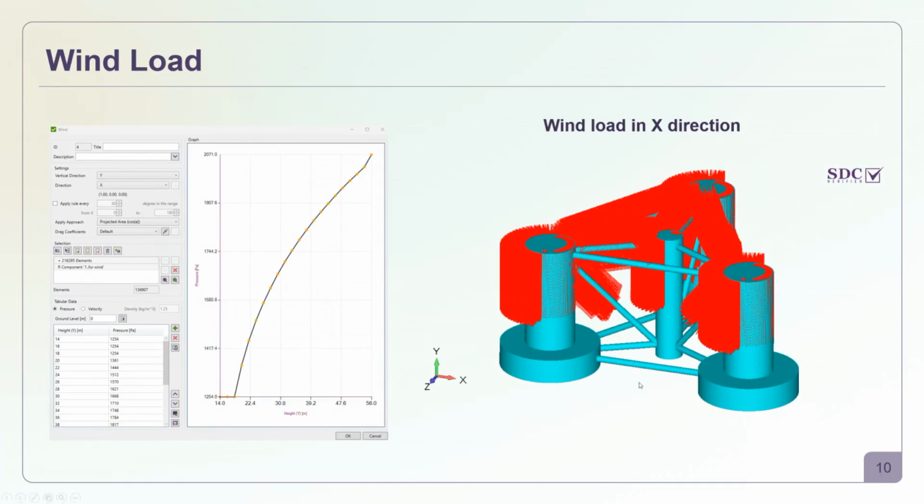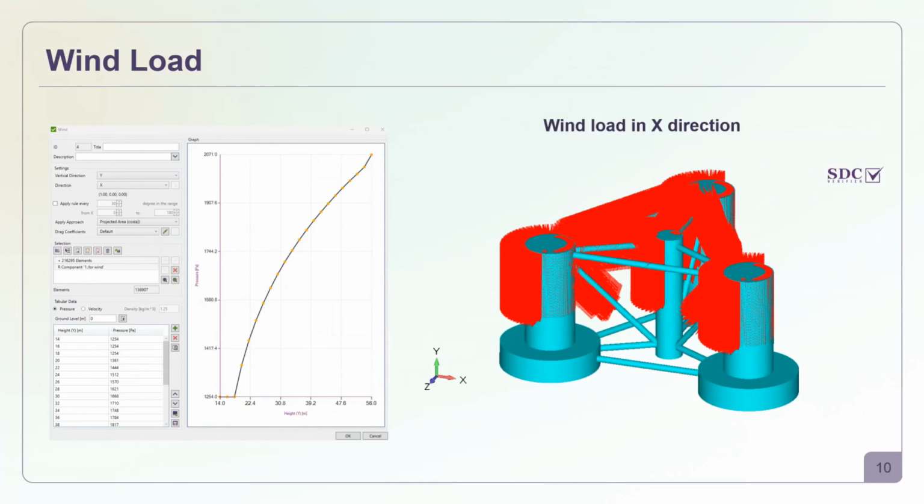Since this bottom part is going to be under the water, it will not be subjected to the wind load, only this top part, as you can see. And as you can see, the two inputs that are required are the height in the vertical direction in your model, and then either a pressure or wind velocity.